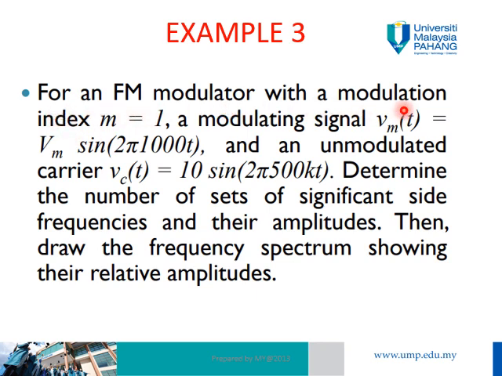Example 3. For an FM modulator having a modulation index m equal to 1, Vm sine 2 pi 1000 t, and Vc 10 sine 2 pi 500k t, which we have discussed before, determine the number of sets of significant side frequencies, the amplitude, and draw the frequency spectrum.